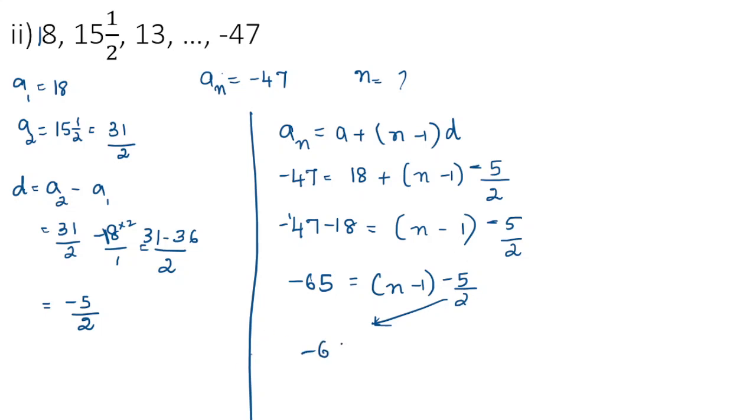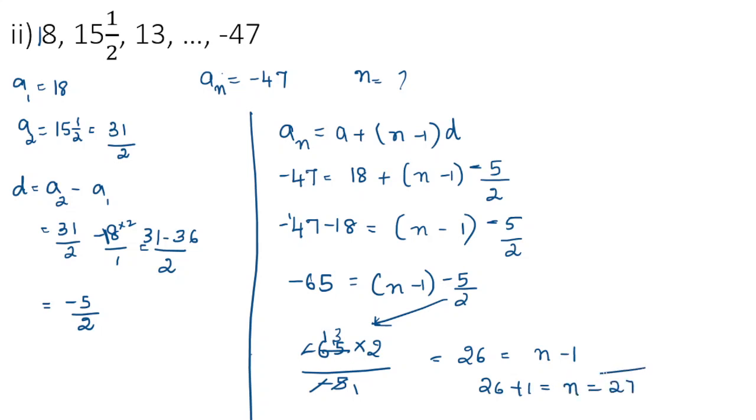So minus 65 into 2 divided by minus 5. Minus minus gets cancelled. 5 13s are 65, 2 13s are 26. So N minus 1 is equal to 26. 26 plus 1 is equal to N, that means 27.